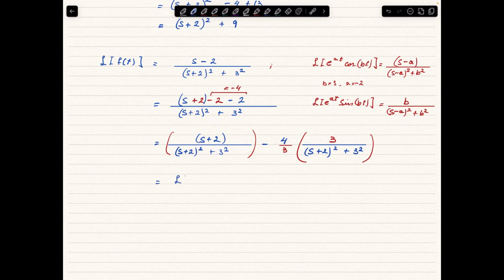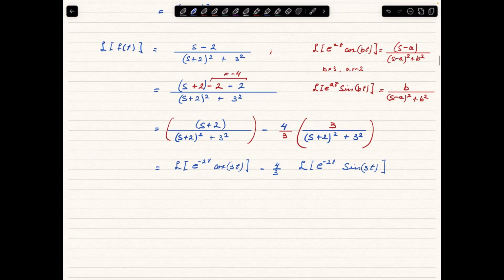This is the Laplace transform of exponential negative 2t cosine of 3t, and then we have minus 4/3 times the Laplace transform of the exponential negative 2t sine of 3t.